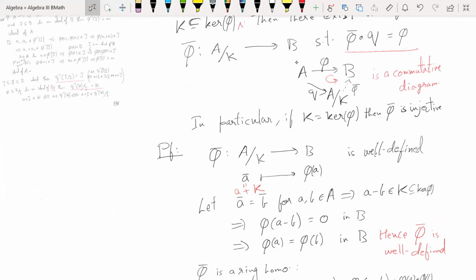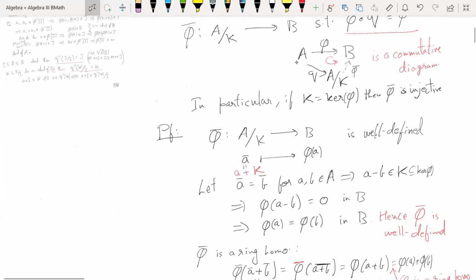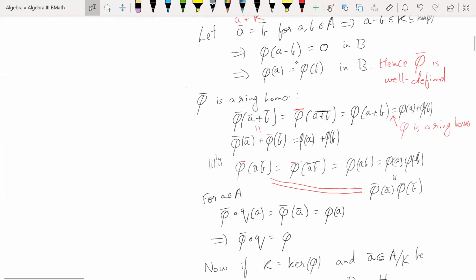So phi bar composed Q is first apply Q and then apply phi bar, and phi is the original map given to us. We want to show that these two are the same. So we evaluate it at an arbitrary element of A. So given an element little a of capital A, we apply phi bar composed Q to a. Here, recall Q is the map from A to A mod K, the quotient map.